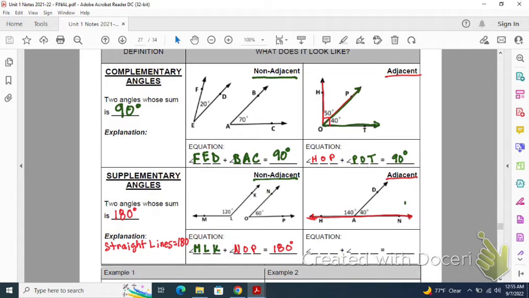The 2 angles that create the straight line are angles HAD and DAN. 140 plus 40 is obviously 180. So those angles are also supplementary.